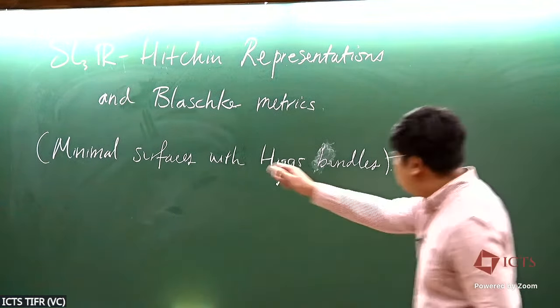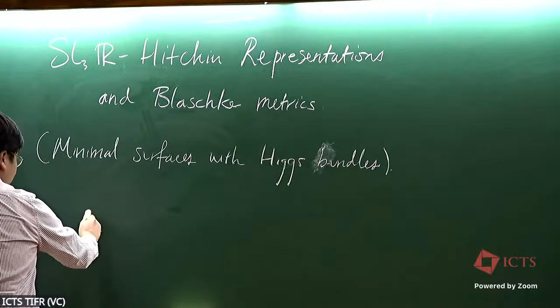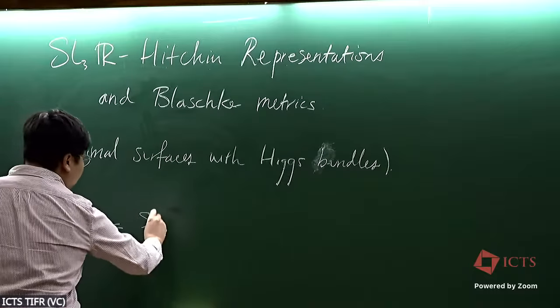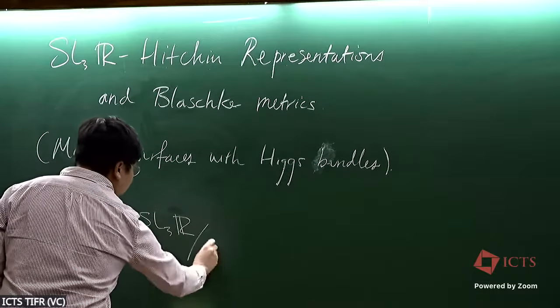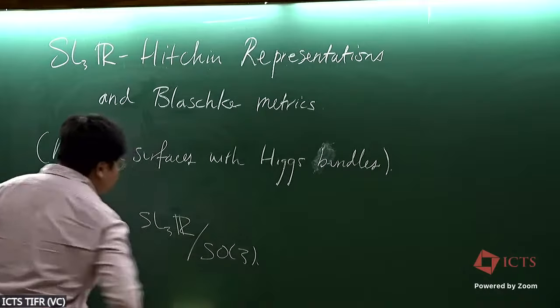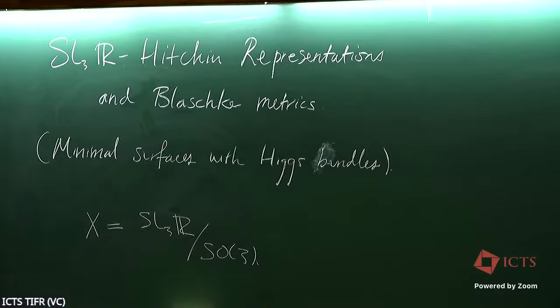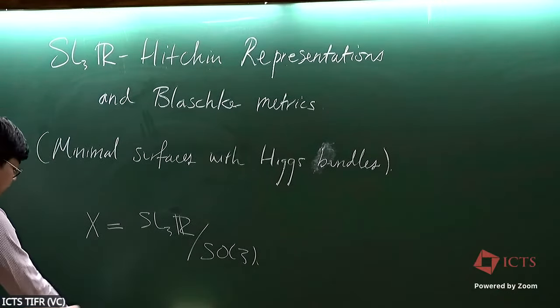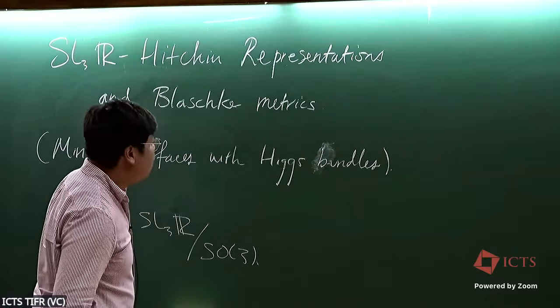The symmetric space that we care about today will be, well, the Lie group will be SL3R. The symmetric space that Mike mentioned was SL3R mod SO3, where these will be unit volume Euclidean metrics on R3.